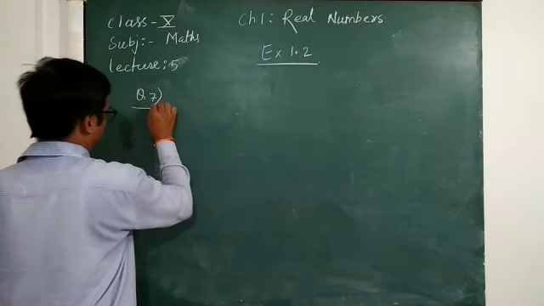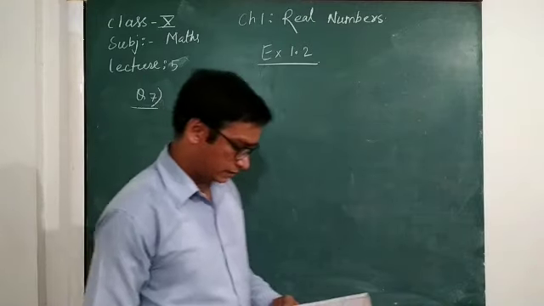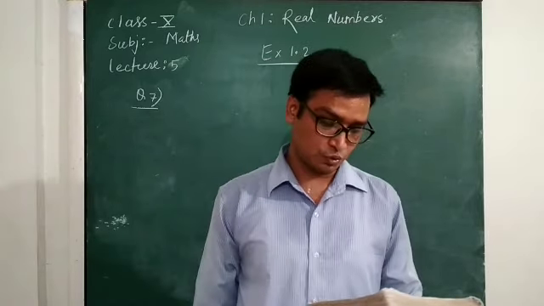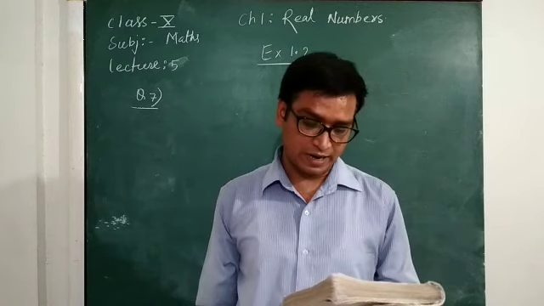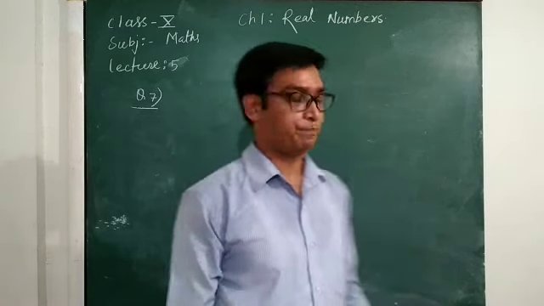Question number 7. There is a circular path around a sports field, and Sonia takes 18 minutes to drive one round of the field while Ravi takes 12 minutes for the same.